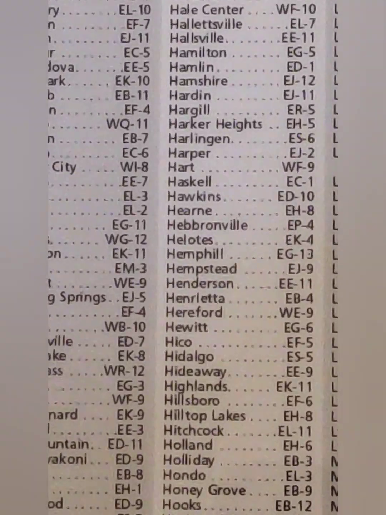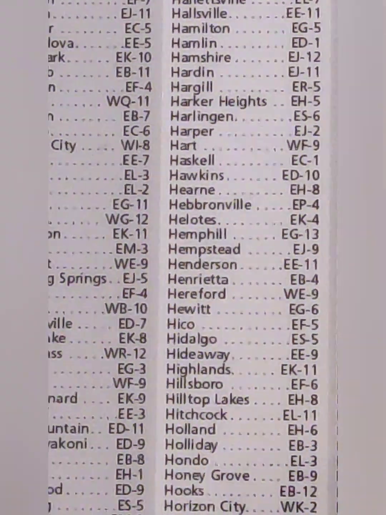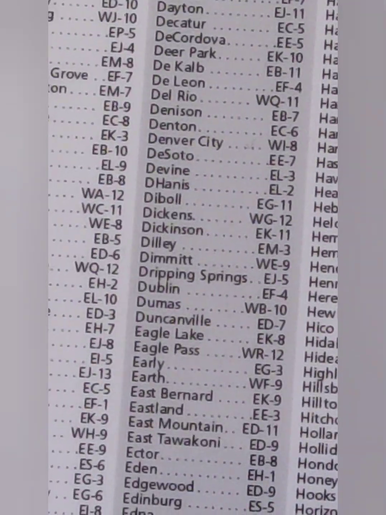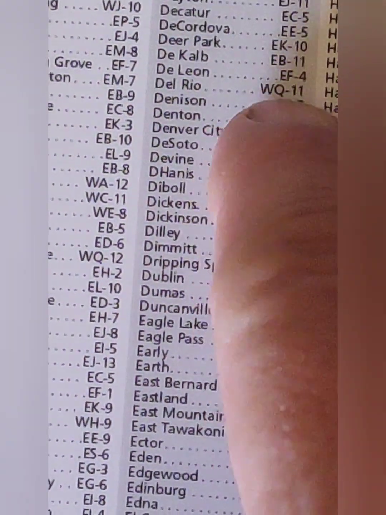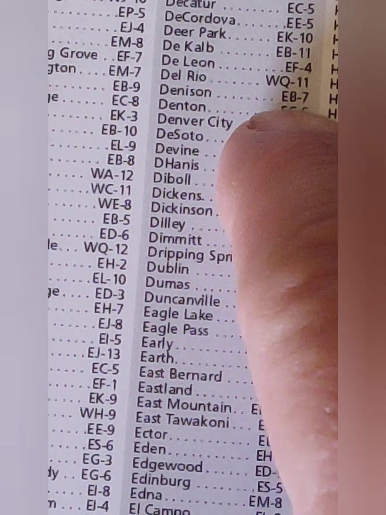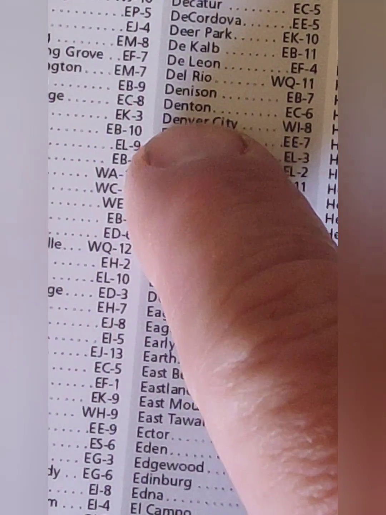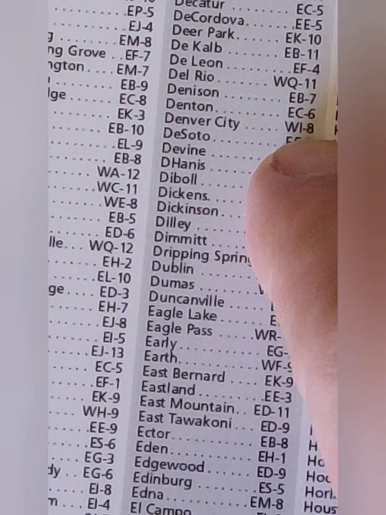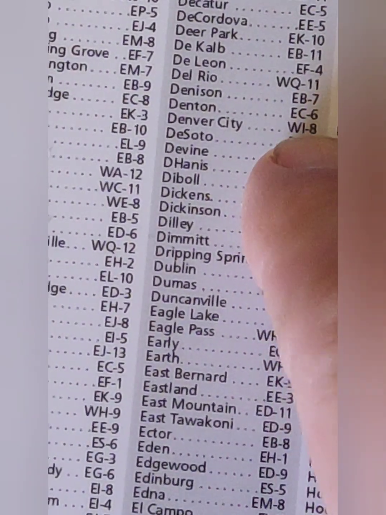So as you can see here, we have a list of all the cities. And as you can see, we have EF4, WQ11, EB7. So, like Denver City is going to be located at WI8.